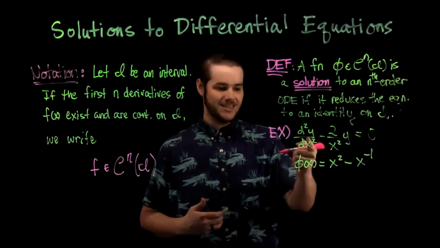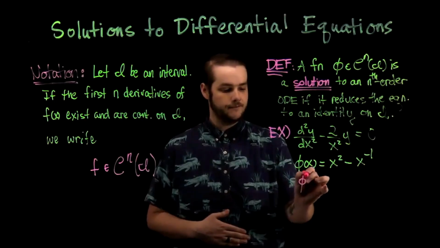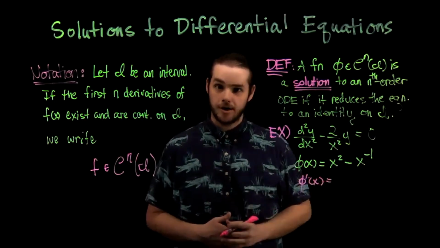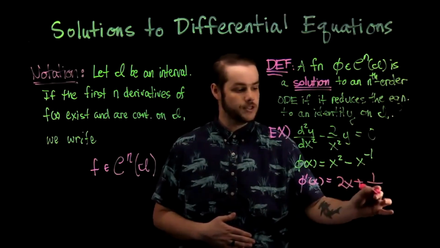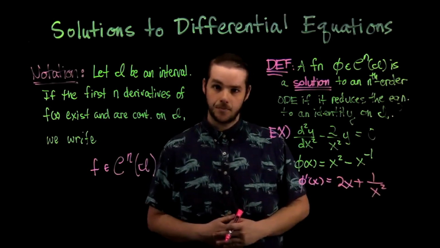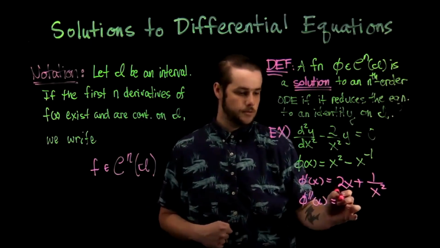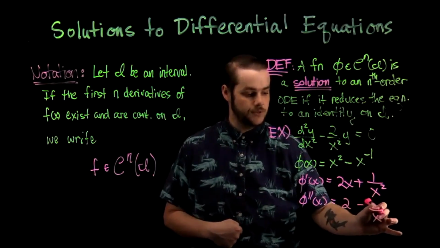Notice that if I take the second derivative of phi, let's start with phi prime, shall we? I get 2x plus 1 over x squared, or x to the negative 2. And then I get phi double prime of x, 2 minus 2 over x cubed.